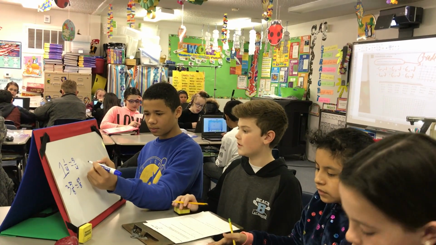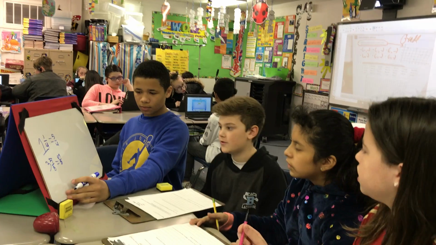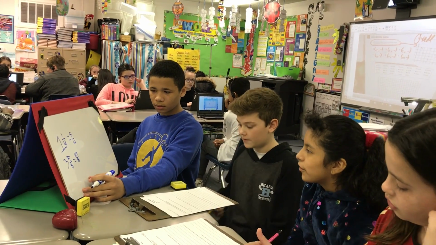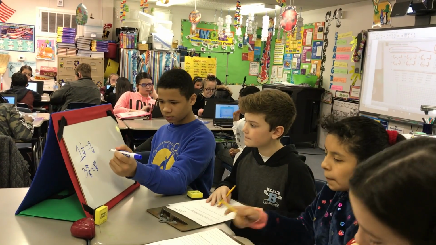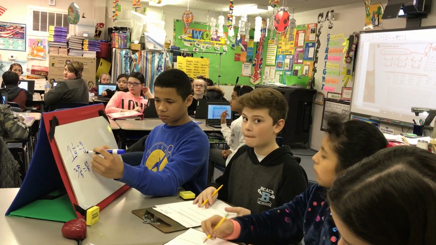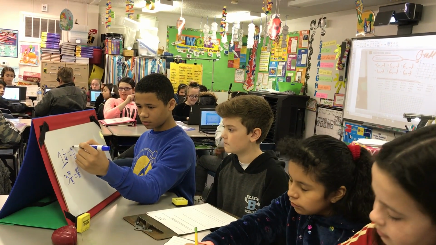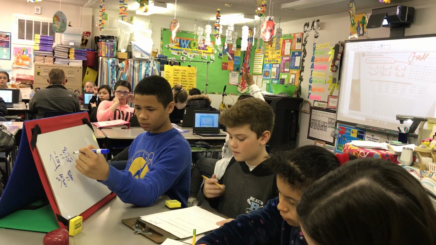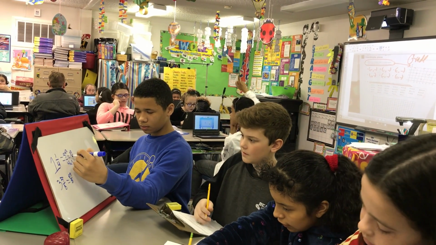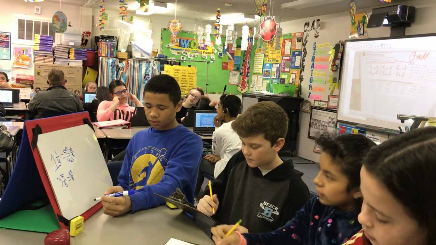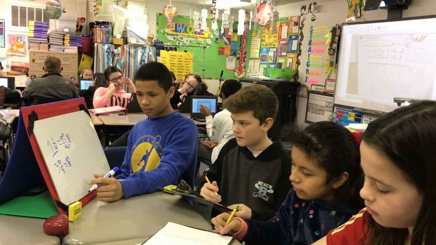You don't have to change both. Yeah, you can just change the 5/4 to eighths. You multiply by 2 over 2, which will lead to 10 eighths, leaving it as an improper fraction.